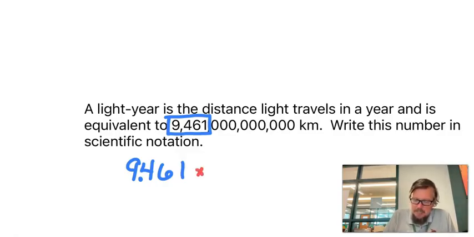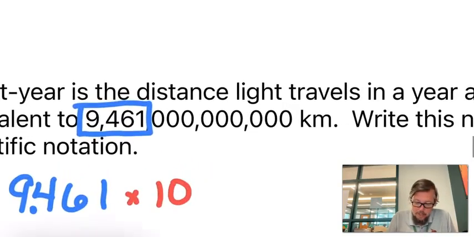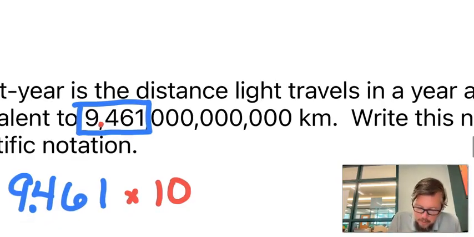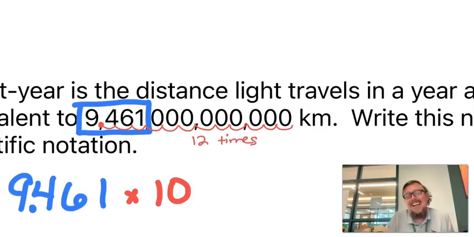It always goes after the first number there, so that it's between 1 and 10. And we're going to multiply this by 10 to some power. Let's see what the power is going to be. It's going to be a huge one because we have to move the decimal a lot of times. If we started between the 9 and the 4, how many times would we have to move it? 1, 2, 3, 4, 5, 6, 7, 8, 9, 10, 11, 12 times we would have to move the decimal, or 12 times we multiply by 10 to get from 9.461 to 9,461 billion.